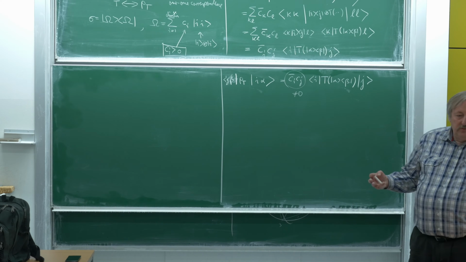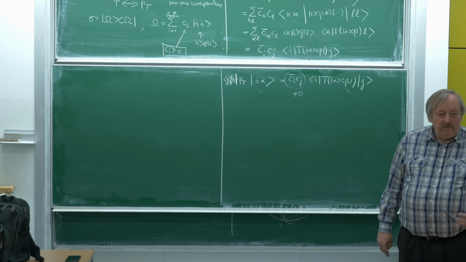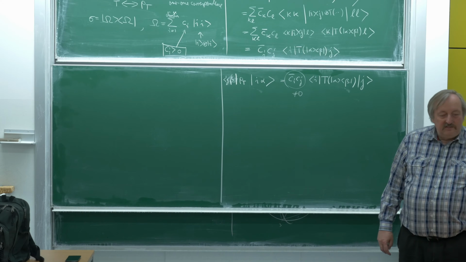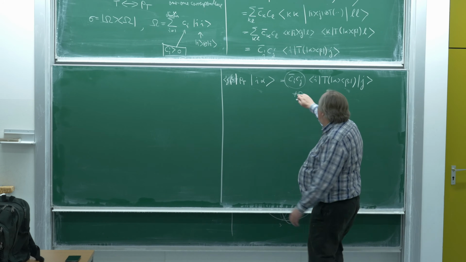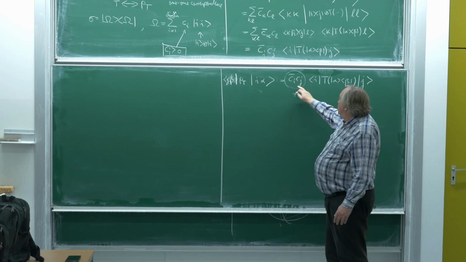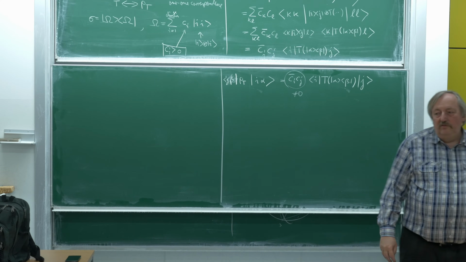And then people tend to tell you that if you go to infinite dimension, there is no Choi-Jamiołkowski isomorphism. But that's actually wrong. Because if you don't insist on these guys all being equal, then you can very well do that in infinite dimension. Right? They just have to go to 0 so that the sum of the squares of the c_i's is finite. So you can easily do this in infinite dimension.